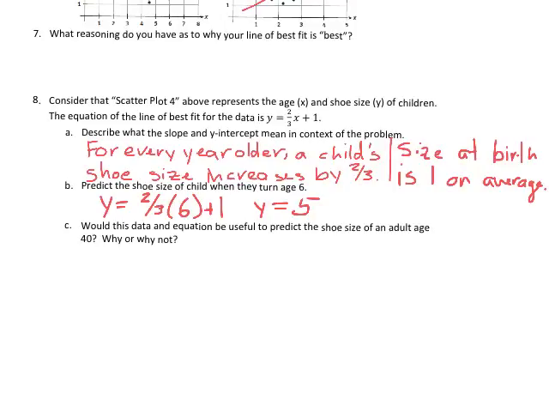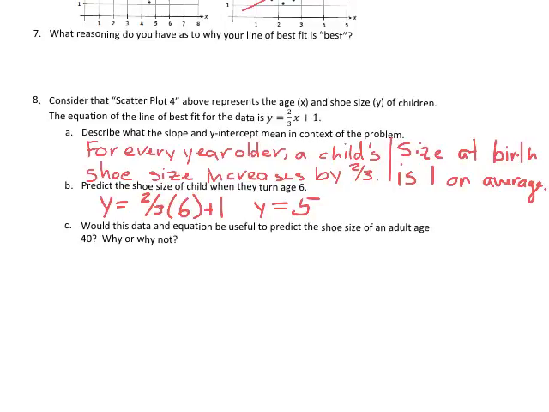C, a very interesting question. Would the data in equation be useful to predict the shoe size of an adult age 40? You don't think so? Why not? Okay, so we know that your feet stop growing after a while, right? You always have to take into consideration the scope of your survey.